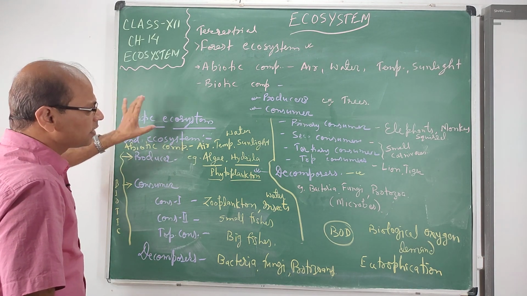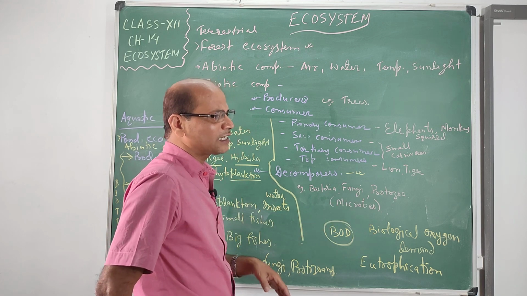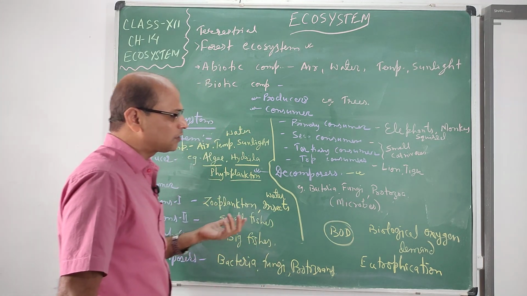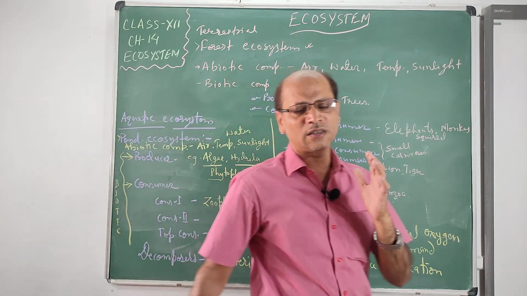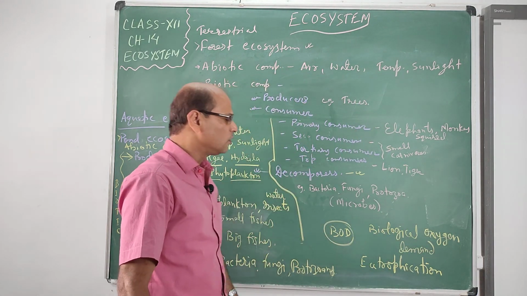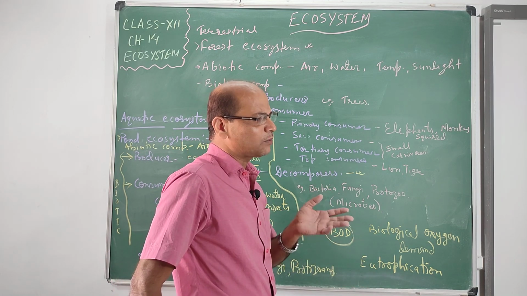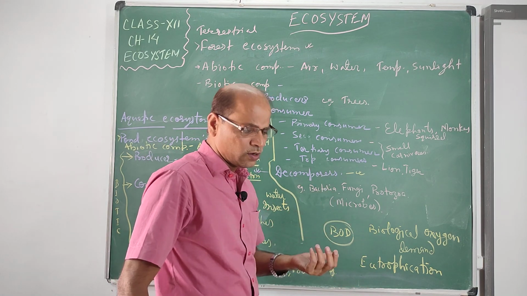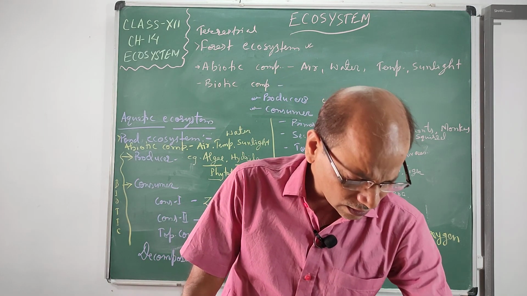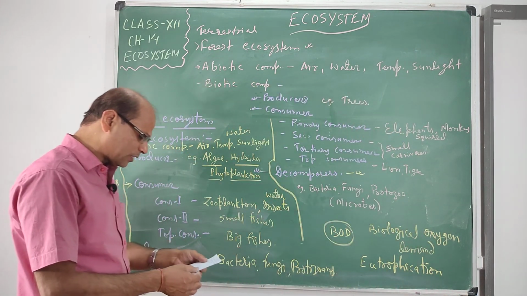In this case, the system should be removed from eutrophicated conditions and we try to remove the enrichment of nutrients in it. So eutrophication becomes fatal to the water bodies, and we should try to make them natural or proper. Now we discuss the components of the ecosystem.